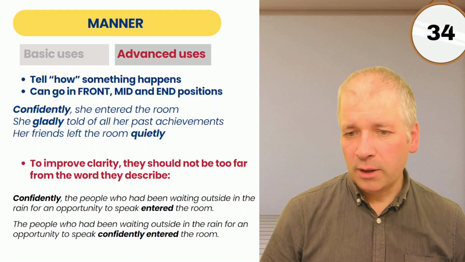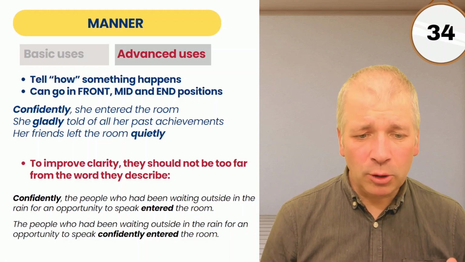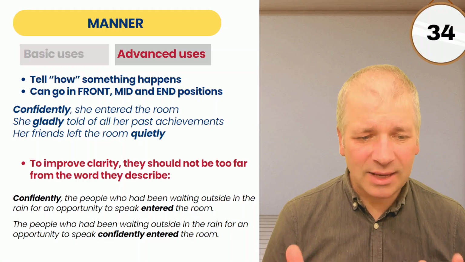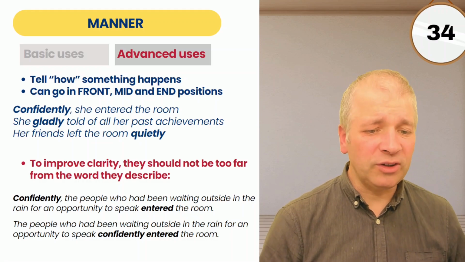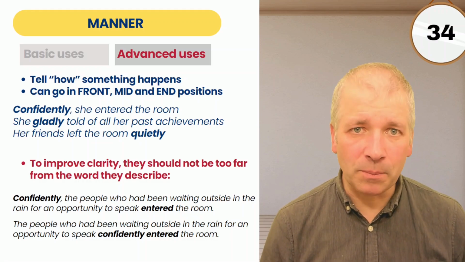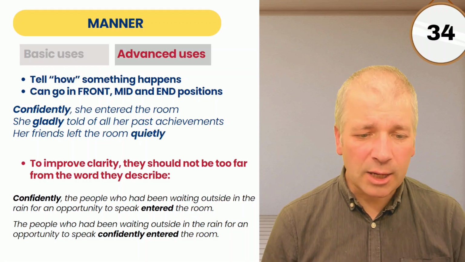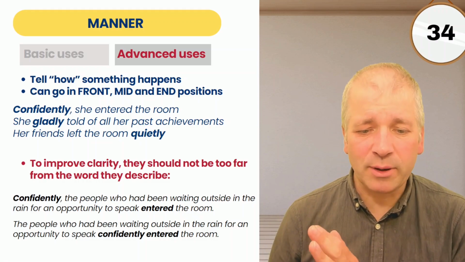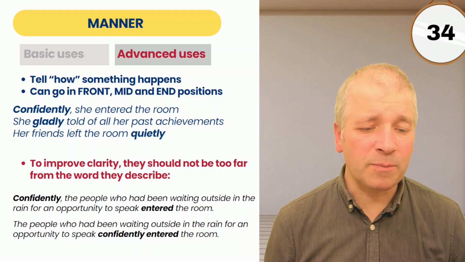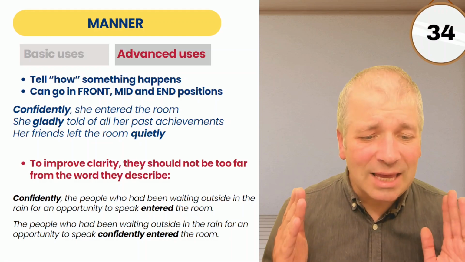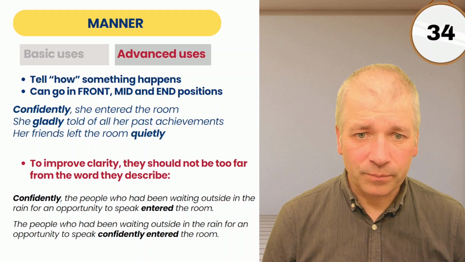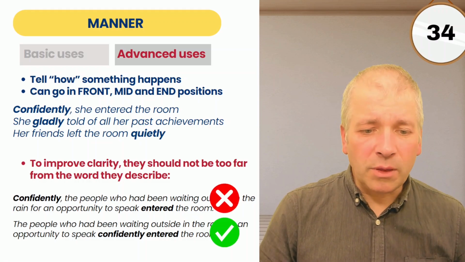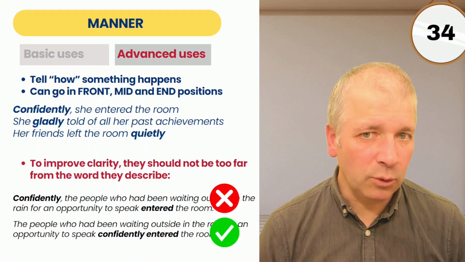So the first one, confidently, the people who had been waiting outside in the rain for an opportunity to speak entered the room. The second one is the same, but with a small difference. The people who had been waiting outside in the rain for an opportunity to speak confidently entered the room. The best one is certainly the second one.